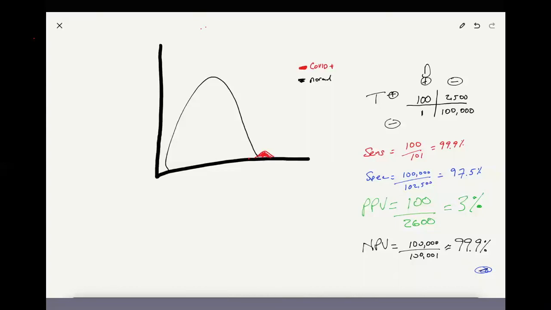The sensitivity of our fake test is still 99%, and the specificity is really high at 97.5%. And you realize here the positive predictive value is only 3%, because the overwhelming majority of those that tested positive were actually false positives, because the testing feature wasn't sufficient to differentiate the two.